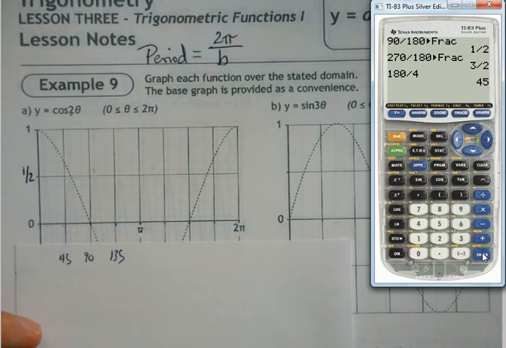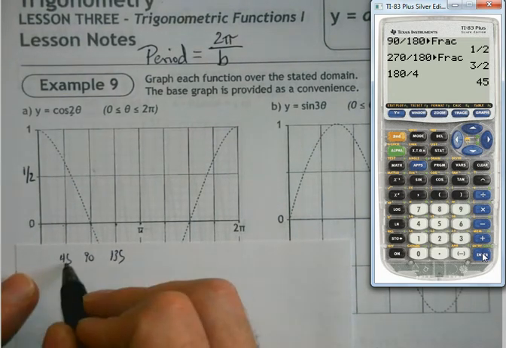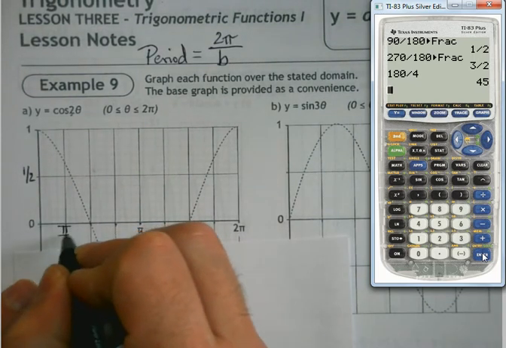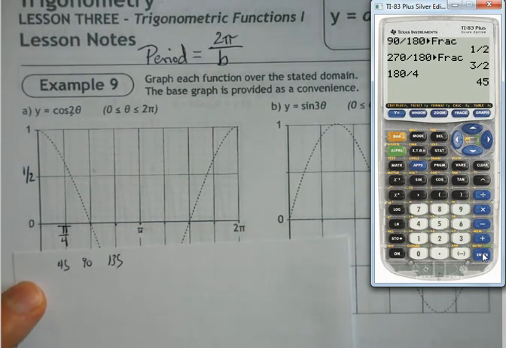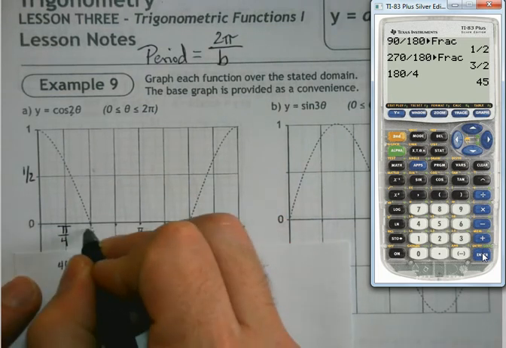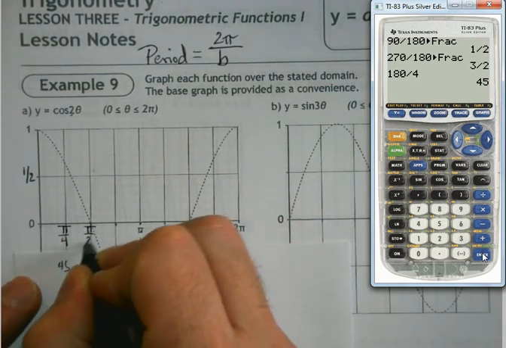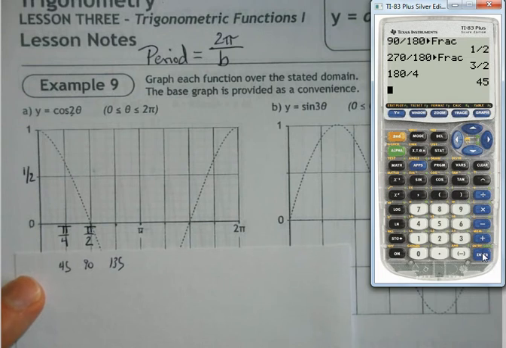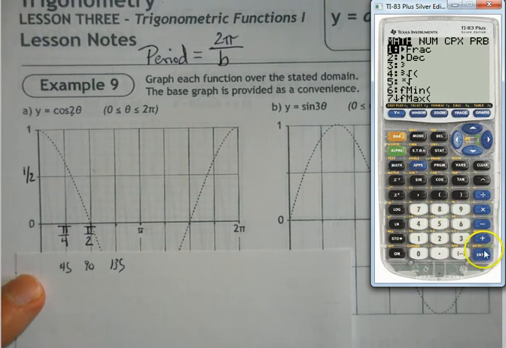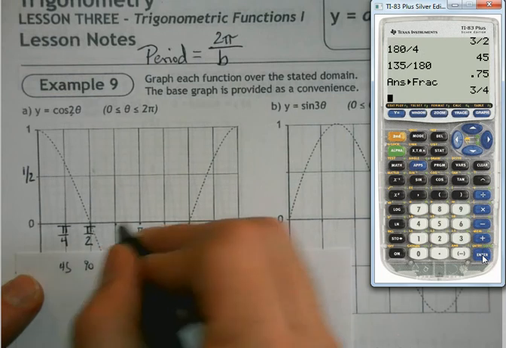I can say, okay, 45 divided by 180, I got 1/4, which is pi over 4. Then I do 90 over 180, which is a half. And you're like, oh, this is starting to look like some of the ones we've done before. 135 divided by 180, if I don't remember, and again, this can get done in any calculator you want. 0.75, I think that's 3/4. It is.